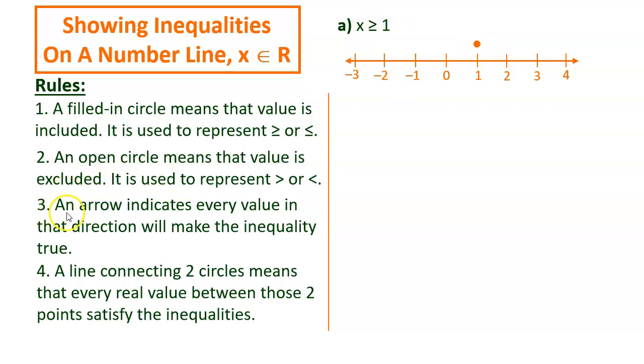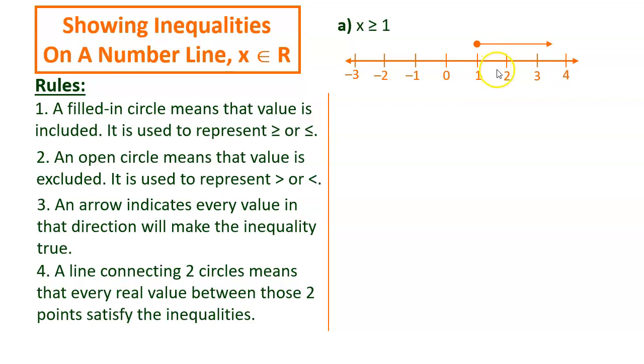And next comes the arrow, which is rule number 3. An arrow indicates every value in that direction will make the inequality true. So, we will have an arrow pointing towards the right because every point on the number line lying to the right of 1 has a value more than 1.